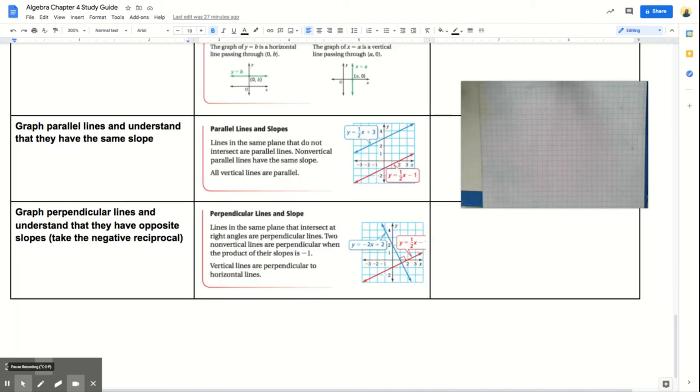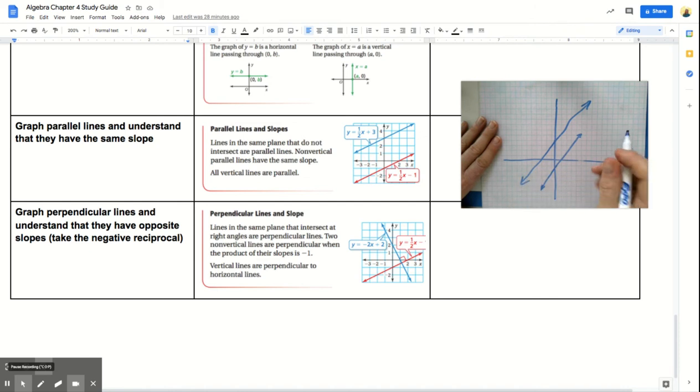Okay, parallel lines. Parallel lines actually are super awesome when we are talking about slope-intercept form. Because if they are parallel, they are going to have the same slope. They're just going to have a different y-intercept. Imagine that is parallel.